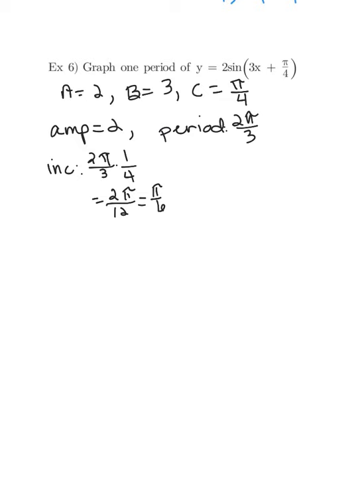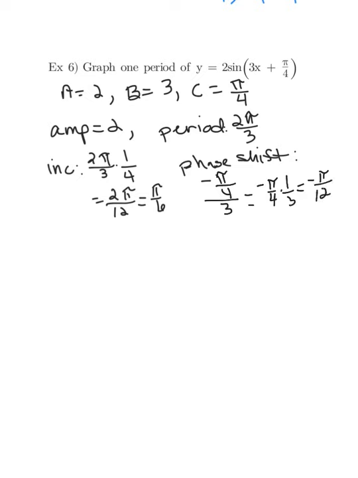Phase shift. We're going to do the opposite of our C, which is negative pi over 4. And we're going to divide that by the B, which is 3. Well, that becomes negative pi over 4 times 1/3, which gives us negative pi over 12.